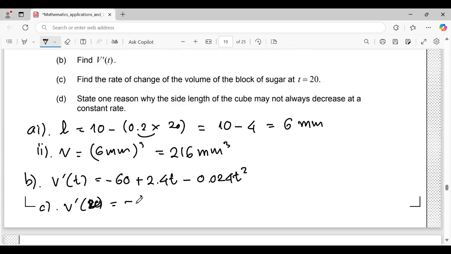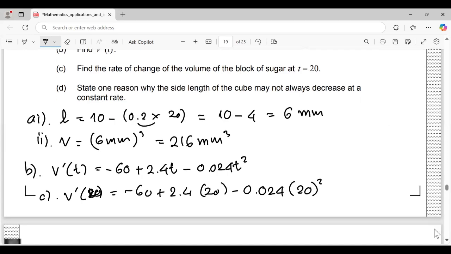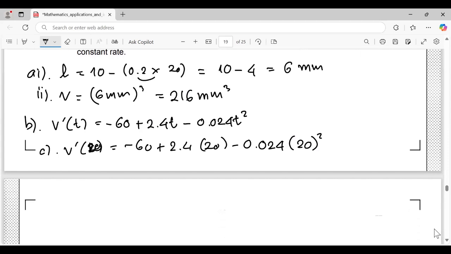So it's going to be minus 60 plus 2.4 times 20 minus 0.024 times 20 squared. And the result is minus 21.6 millimeters cubed over second.